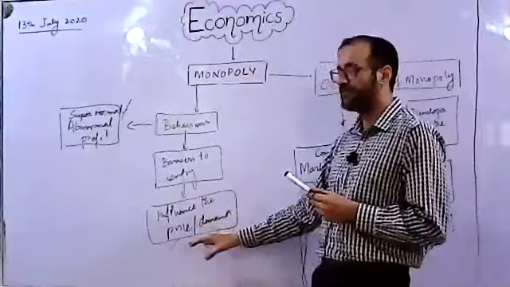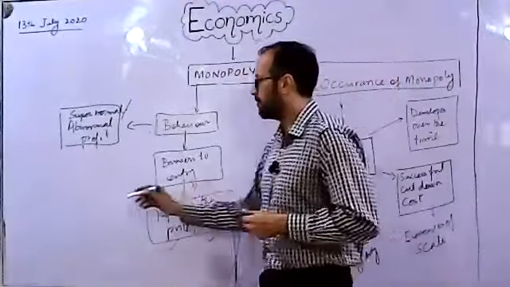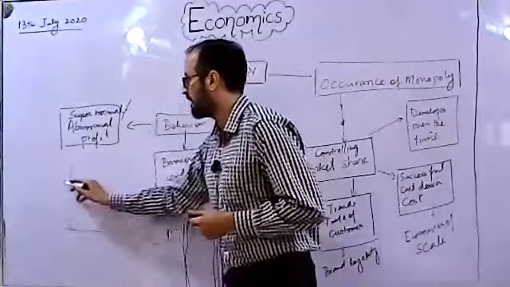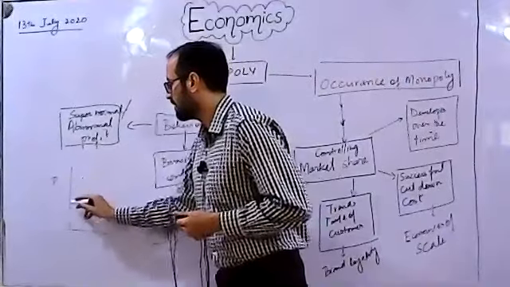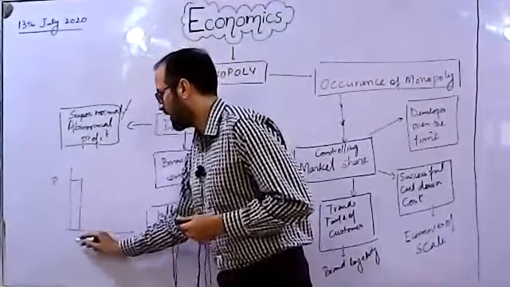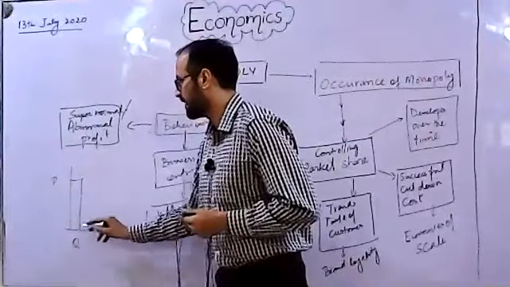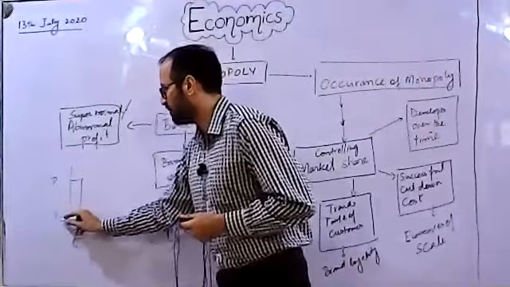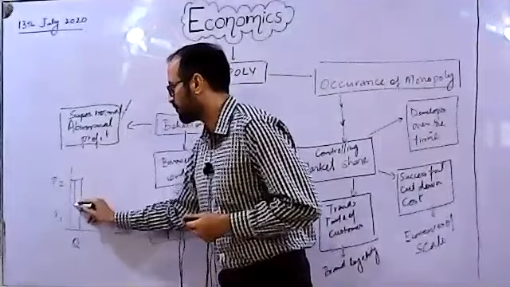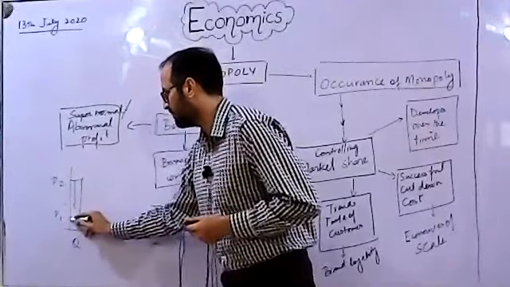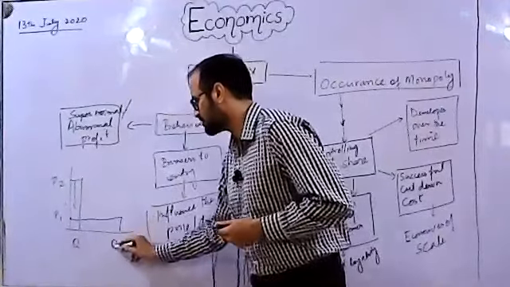Because by the law of demand, we know that the monopolist either could have a higher price and lower demand of its product, and if he wants to sell more, it's going to charge a lower price, let's say from P2 to P1, and it could increase its demand.